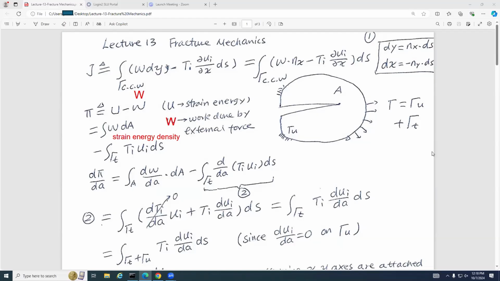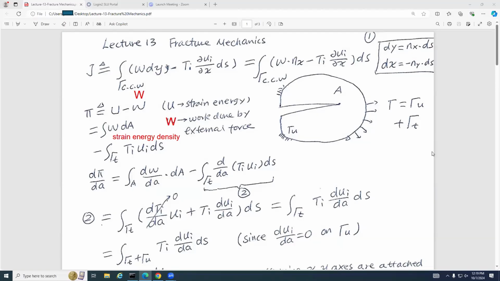So ds, dy and dx are related using these two equations, and we just plug in, so this equation can be written in terms of this.